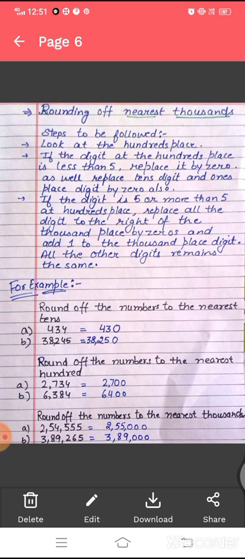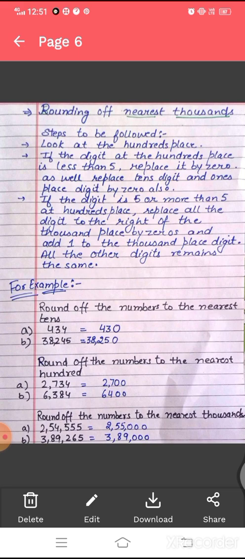We will write 0 0 0 at the hundreds place, tens place and ones place. And at the thousand place the number will remain the same, 9. At the ten thousands place, 8 is there, so it will remain the same. At the lakhs place, 3 is there, so the number will remain the same.